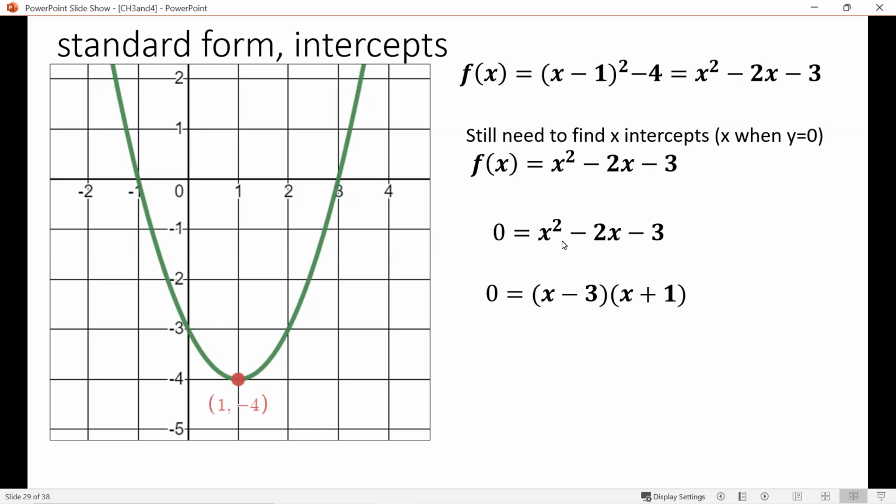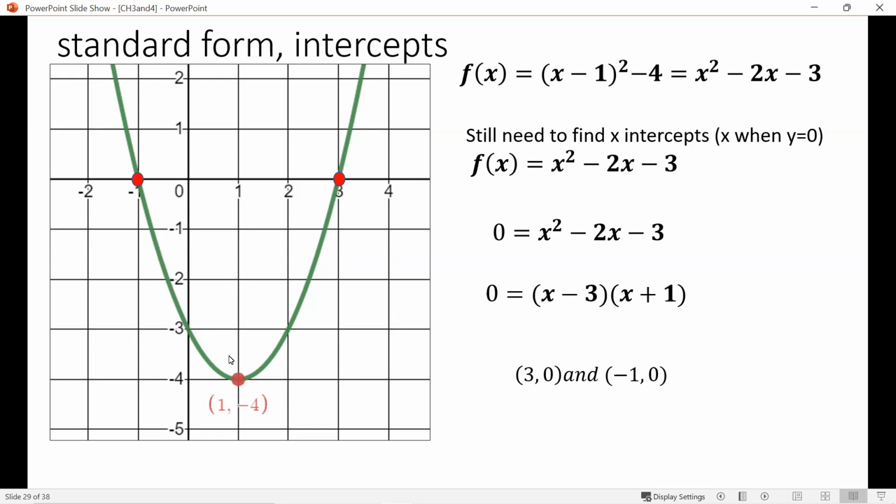In this case, we don't have to use completing the square to factor. We could if we wanted to, but it is just fine to factor it this way. We get that x can be 3 or it can be -1 when y is 0. So our x-intercepts are at (-1, 0) and (3, 0).